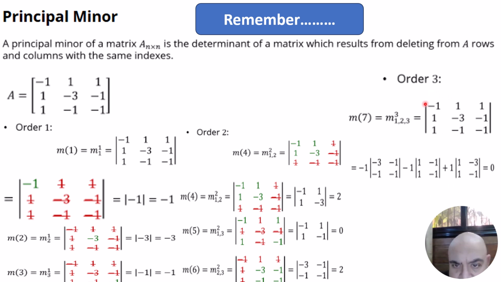So it's -1, eliminate the first row, first column. You will have this 2 by 2, then minus, which is related to the sign of the determinant, eliminate the first row, second column, and you will have the second determinant, and so on. So now I have the signs and values of the various principal minors.